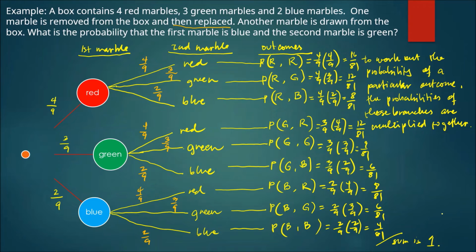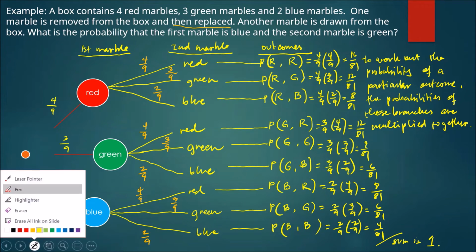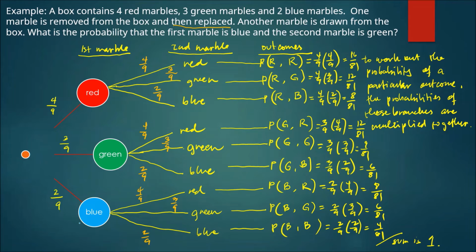Now, let us answer the question: what is the probability that the first marble is blue and the second marble is green? Where is that from our outcomes? Again, the first marble is blue and the second marble is green. So, where is it? Yes, so this is it. This is the outcome, the probability that we are looking for.